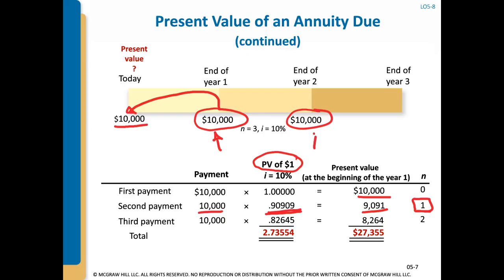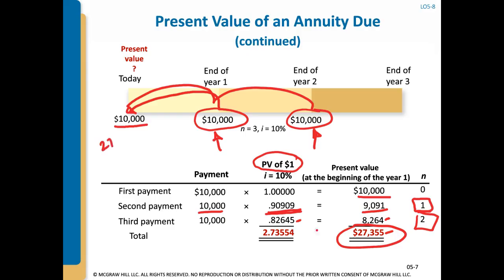And then my third and final installment is made at the end of year 2. And so in that situation, we're only trying to figure out the present value for 2 periods, 1 and 2. So for the third installment, we use N equals 2, I equals 10, present value of $1, it's $82.64.